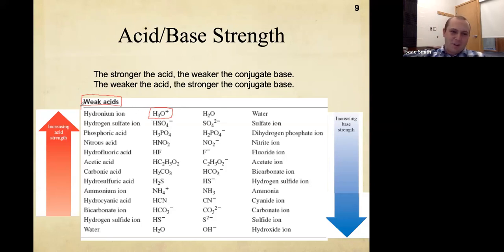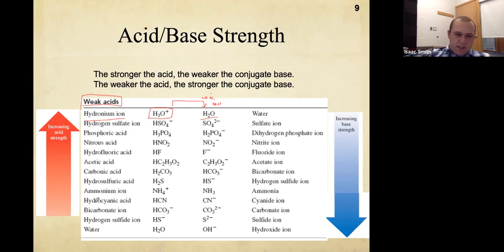Sorry, hopefully that terminology is not confusing. But anyway, the strength of hydronium is pretty high. And this is the conjugate base of hydronium. So the stronger the acid is, the weaker the conjugate base would be. So you can see hydronium ion is pretty high as far as acid strength goes, but the conjugate base of hydronium is water, and it's very weak as far as base strength goes.